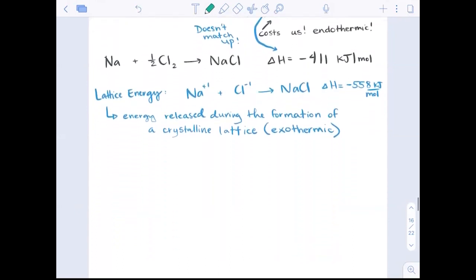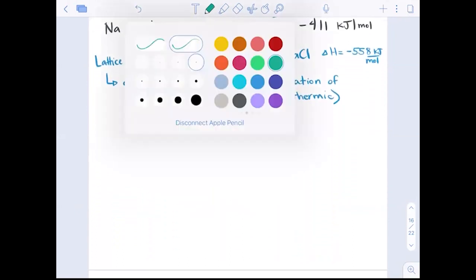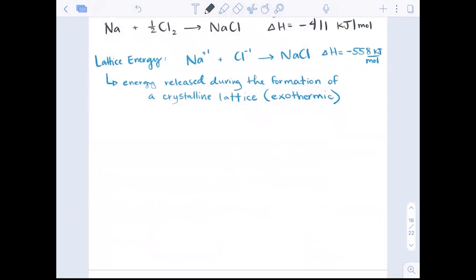What does that mean for something like NaCl versus MgO? We already talked about these two and compared just their charges earlier. Which one would have a bigger lattice energy?